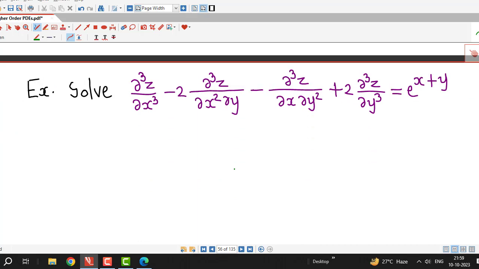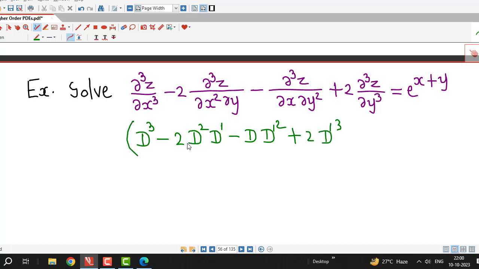We consider another example. Here our partial differential equation is of third order. Here we have the partial derivative with respect to x 3 times, minus 2 times the partial derivative with respect to x 2 times and y once.